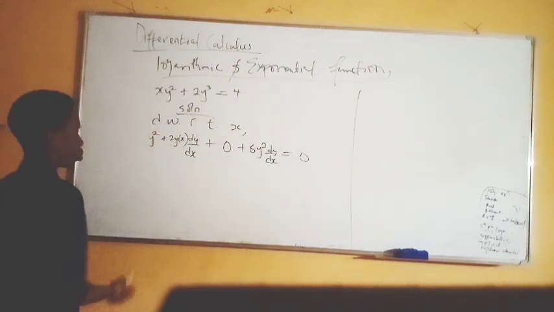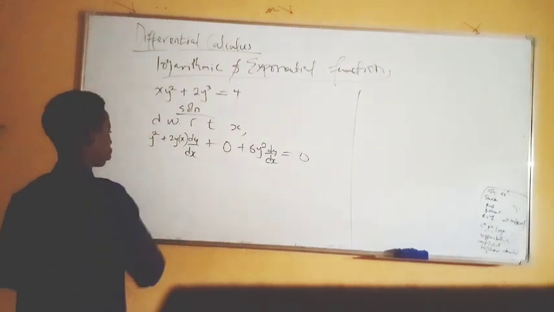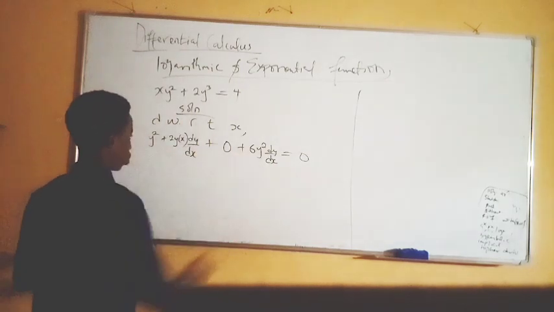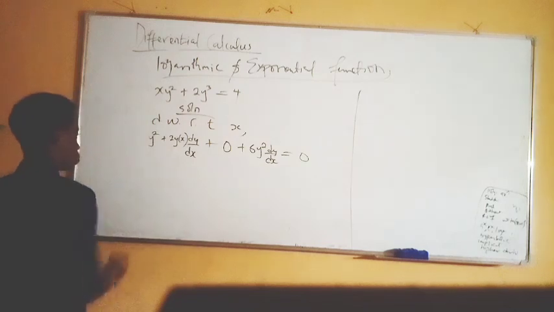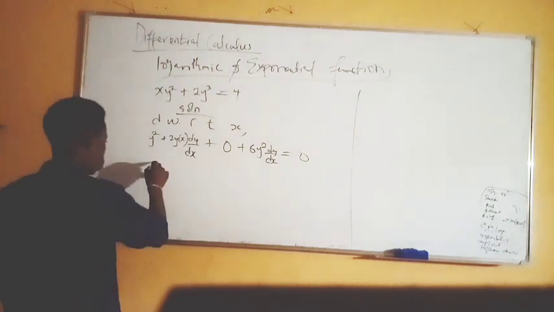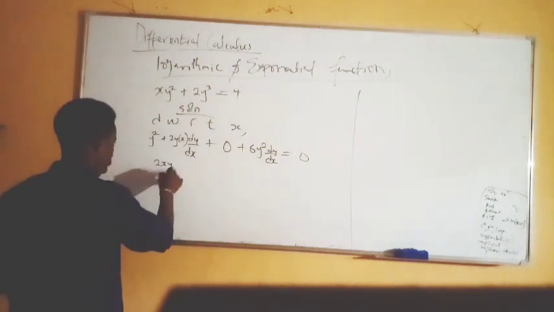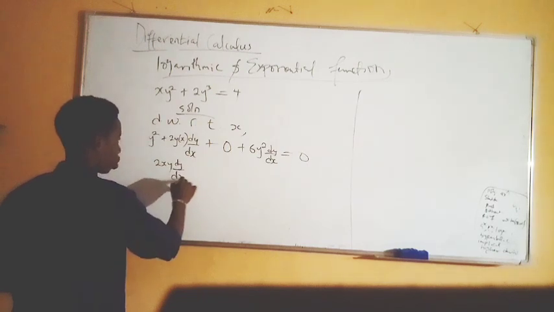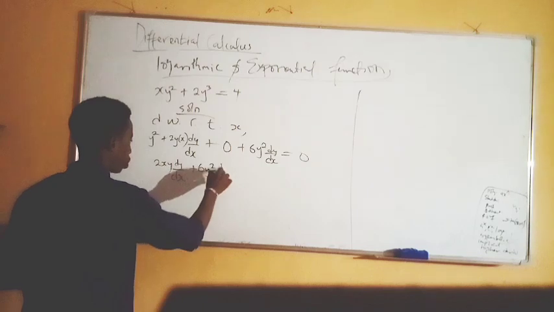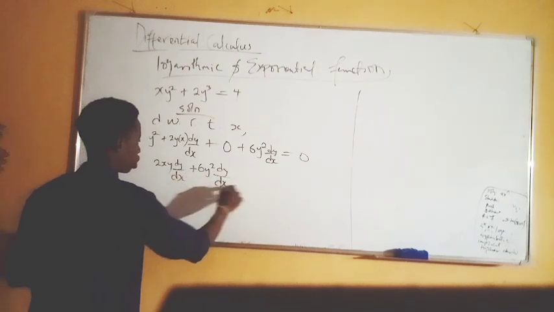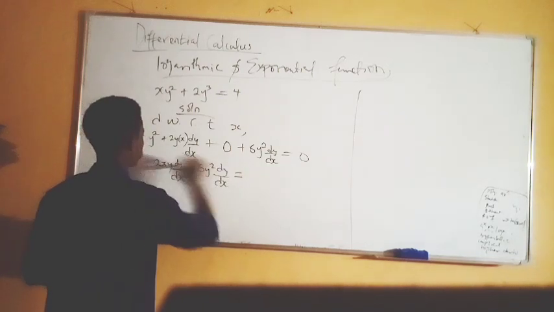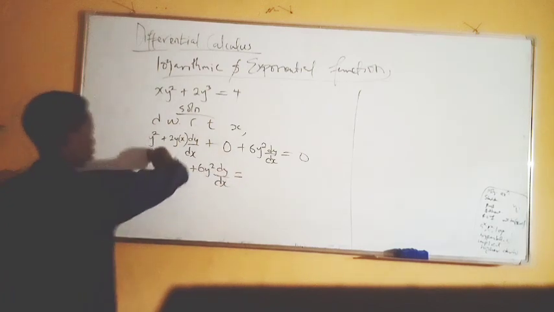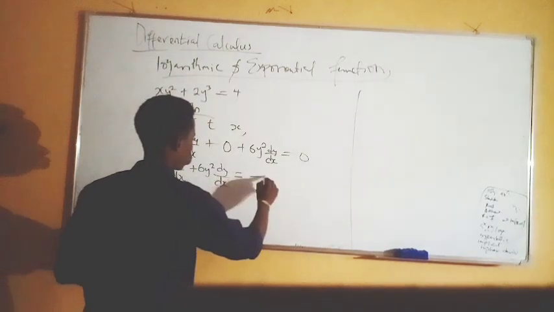Differentiating a constant is 0. So we pick all the terms that have the dy/dx together and take the other ones to the other side of the equation. So what do we have here? We have that 2xy dy/dx plus 6y squared dy/dx is equal to, y squared here is 0, so it's nothing, but y squared here going over becomes minus y squared.